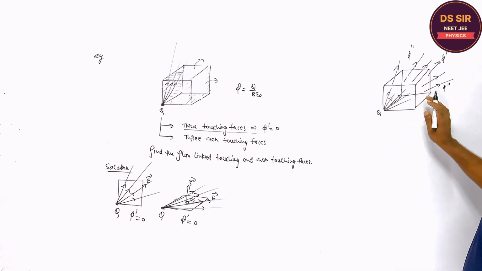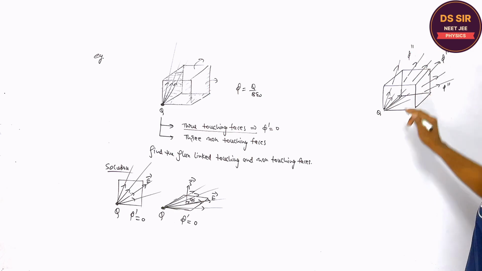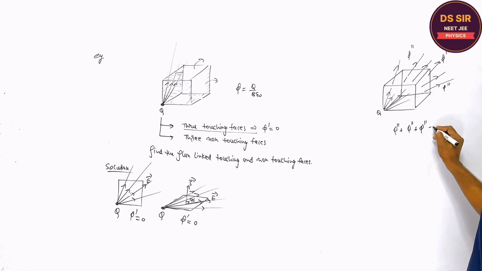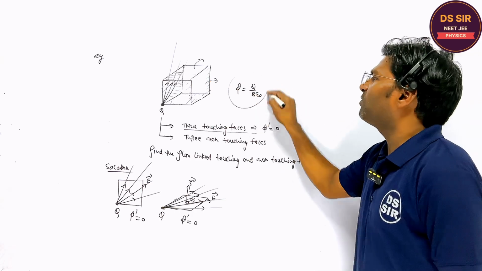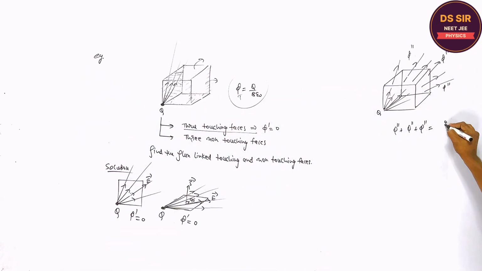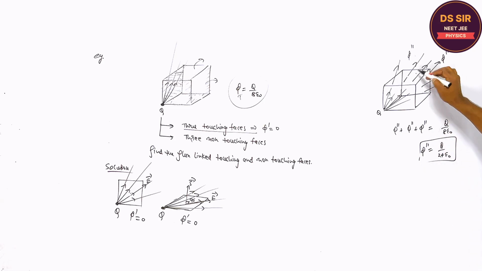So if you consider the total flux linked with this cube, total flux is what? Phi double dash plus phi double dash plus phi double dash. And what is the total flux linked with this cube we have found? It is equal to q upon 8 epsilon naught. So therefore phi double dash is q upon 24 epsilon naught. This phi double dash is the flux linked with one non-touching face.